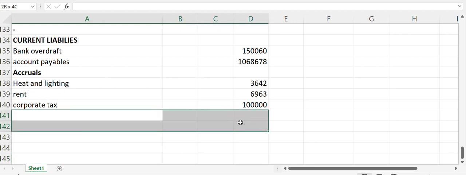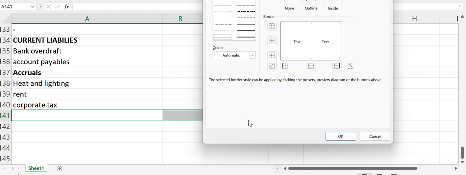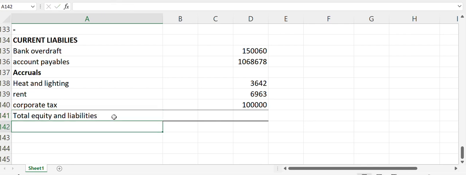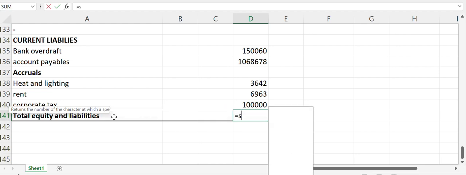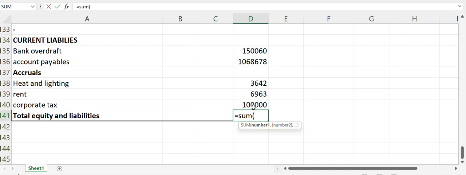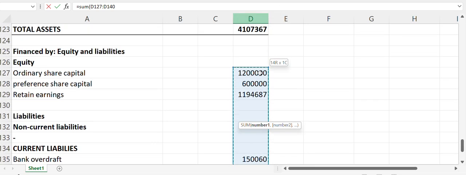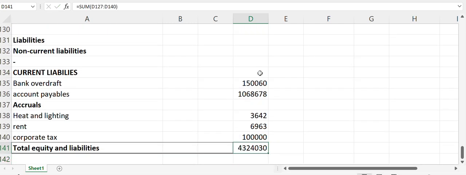So here we are supposed to get the total equity and liabilities by taking the sum of everything.